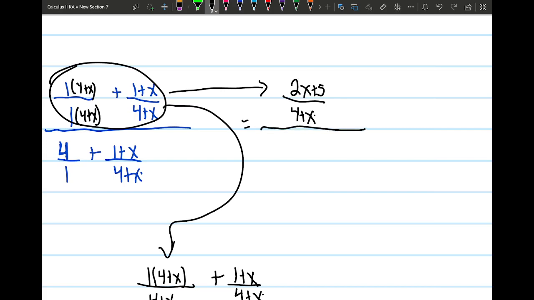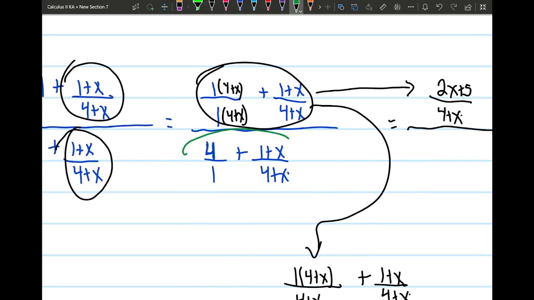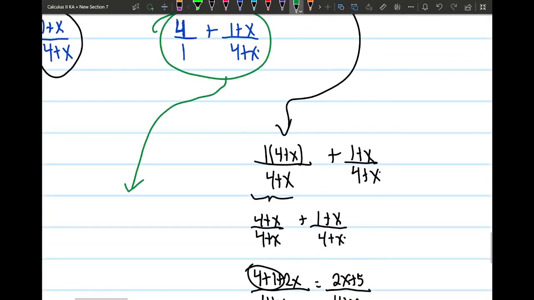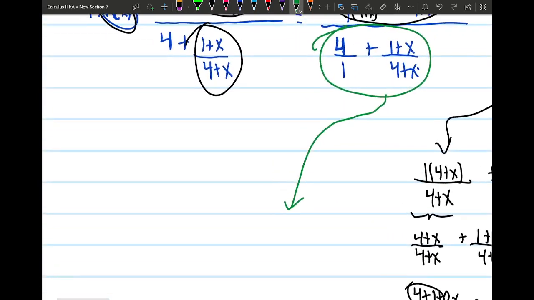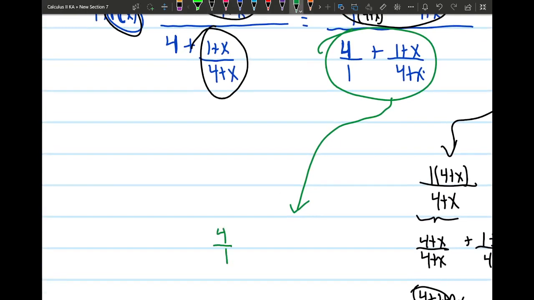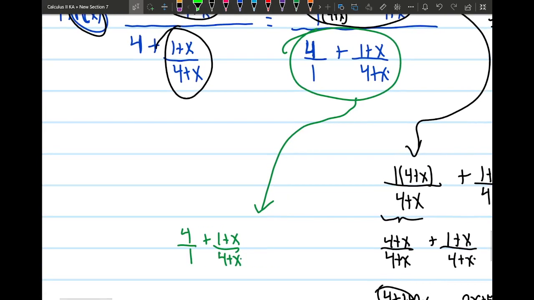And now we're going to do the bottom. So the bottom, let's do it over here. We have 4 over 1 plus 1 plus x over 4 plus x. So now we're doing the same thing as we did on the top, except there's going to be one tiny difference.